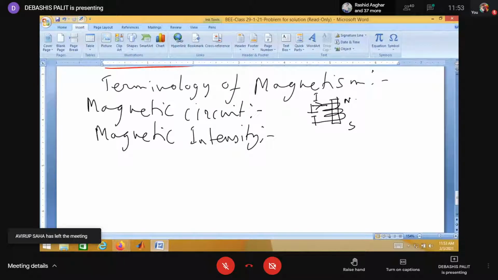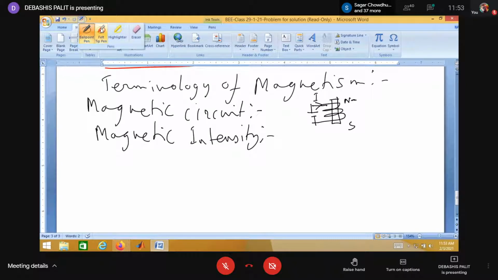The flux flows through the air also, originating from the N pole and terminating at the S pole. So this is the magnetic circuit and this is the electric circuit. Magnetic flux can flow through the air and also through the medium.